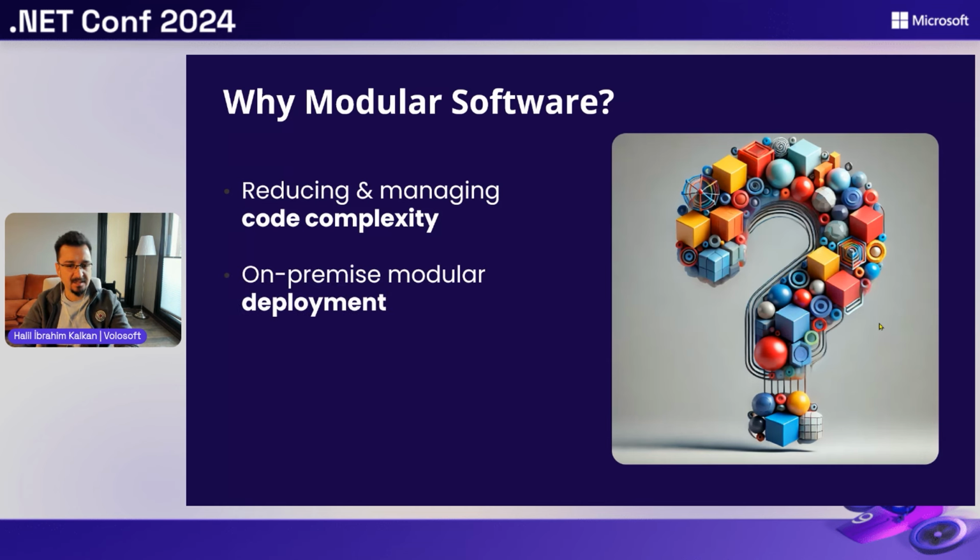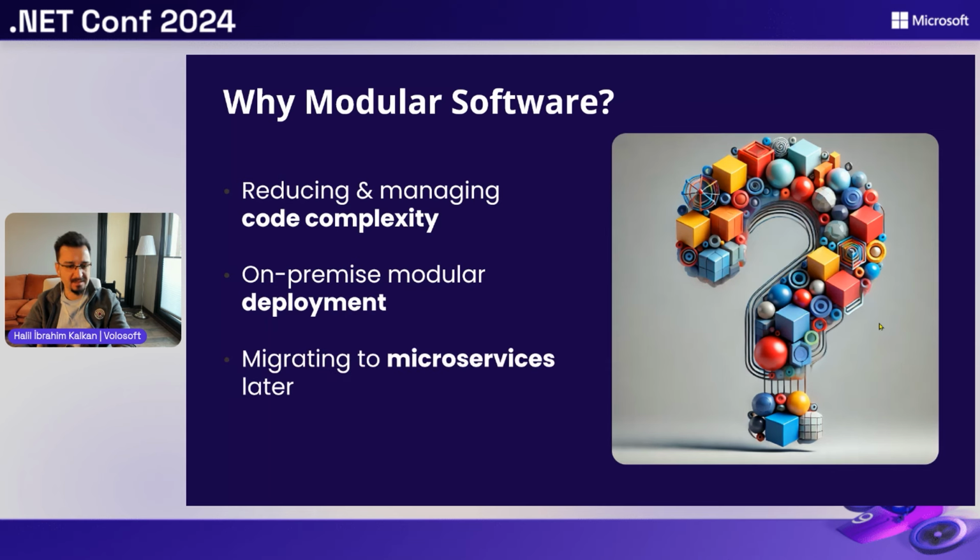The second reason can be if you are deploying your solution to your customers' on-premise environments, you may want to deploy your application as modular. You just deploy the modules they have purchased, and you can even consider creating a plugin-based modular system. So this can be a second reason.